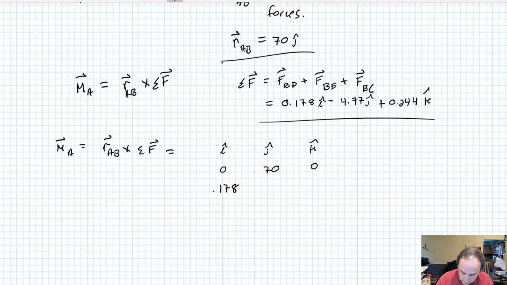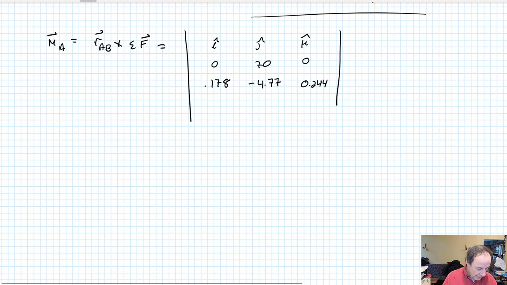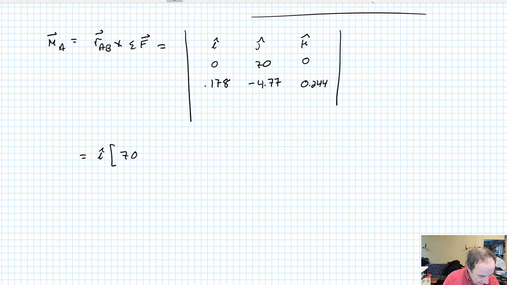All right, we work that out. So this equals, for our i direction, we have just 70 times 0.244.